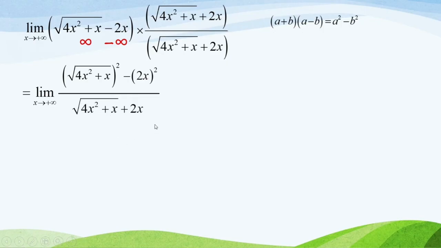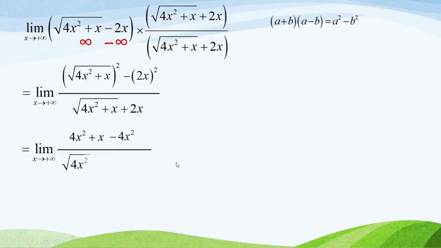And we solve this. We get the square root of 4x squared plus x, squared, which is 4x squared plus x, minus 2x squared, which is 4x squared.